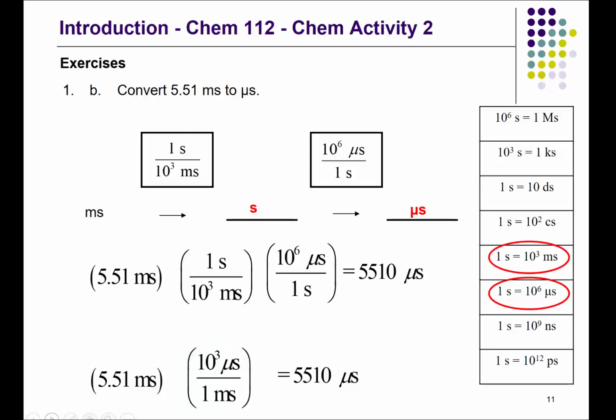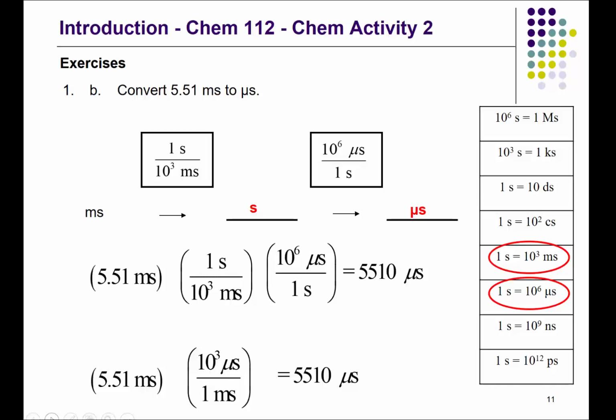The calculation using the more efficient approach provides, of course, the same final answer. This approach also allows us to reflect on the significance of the answers. Given that a microsecond is a smaller unit than a millisecond, we would expect the final answer to be a larger value, by a factor, of course, of 10 to the 3.